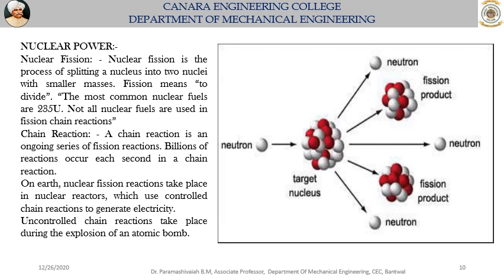Uncontrolled chain reactions take place during the explosion of an atomic bomb. Whatever nuclear reactions we are doing take place in an enclosed reactor. The nuclear reactor is highly enclosed, so that is protective. If the same reaction becomes uncontrolled, then it becomes a bomb, a nuclear bomb. So uncontrolled chain reactions take place during the explosion of an atomic bomb.